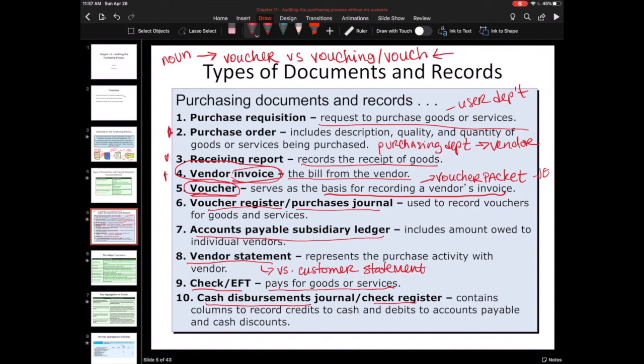Vouching or vouch is typically the test of existence. It is a verb. So just keep that in mind. And you can technically vouch a voucher. So just pay attention when you're reading a question, pay attention to the exact term being used and the sentence structure and the part of speech.